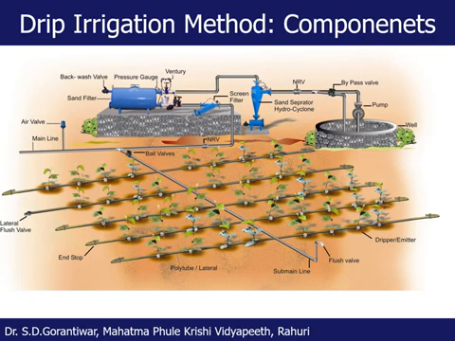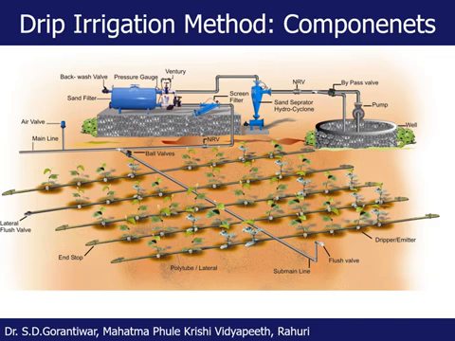If each dripper has a discharge of 4 liter per hour, this pump should be able to throw water at the rate of 1000 into 4, that is 4000 liters per hour, at the head of 30 meter. So this should be the pump characteristics. In this particular case, the pump is a centrifugal pump. The pump could be a submersible pump as well.